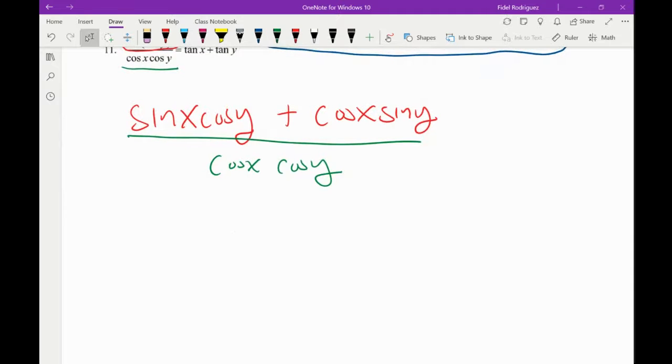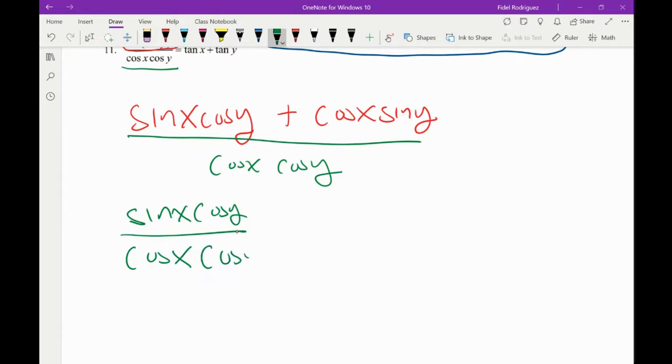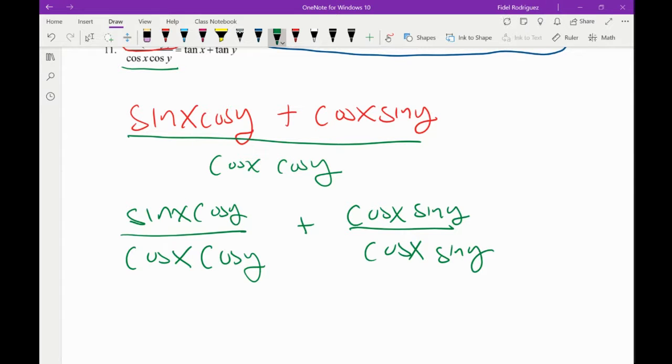All that means, y'all, is that we can rewrite this as what we call separate fractions. All we've done now is separate the fractions. This piece over the bottom, that piece over the bottom.